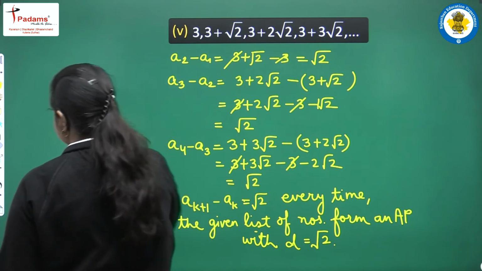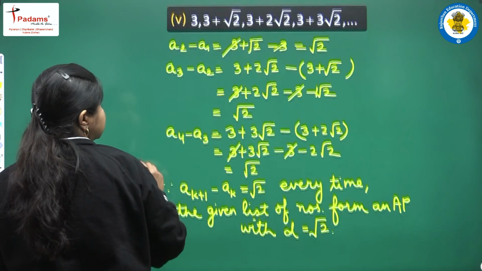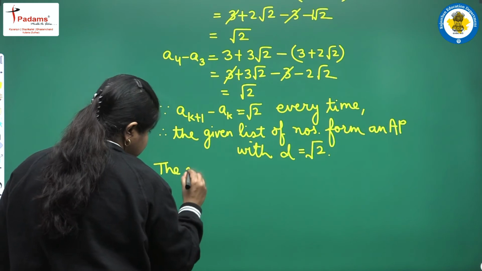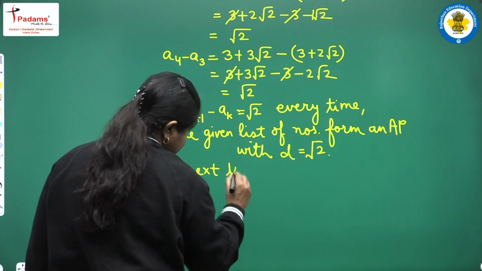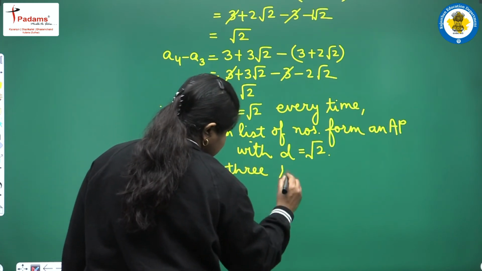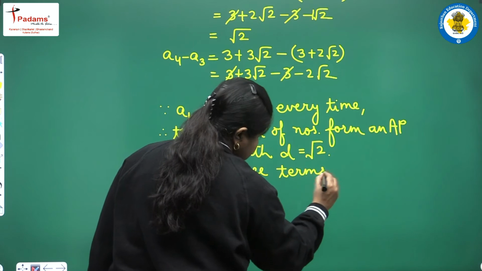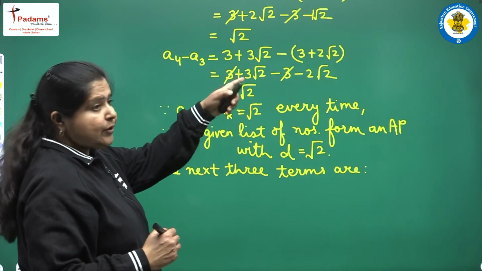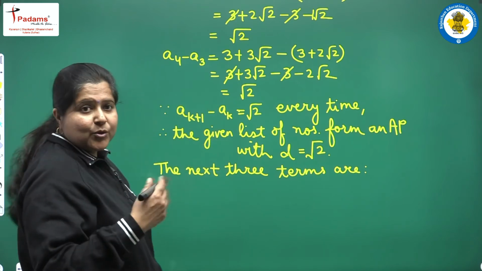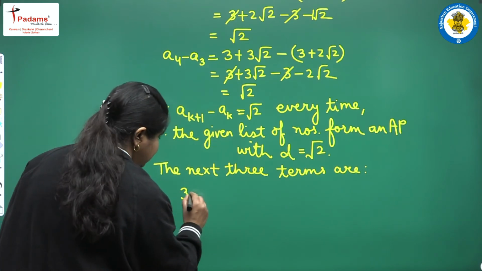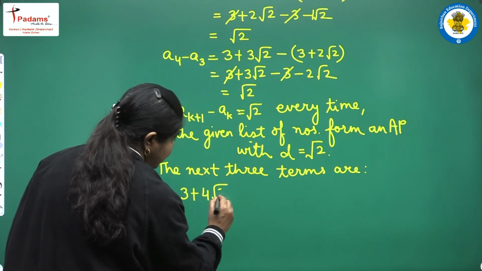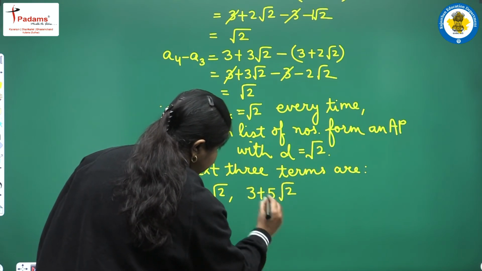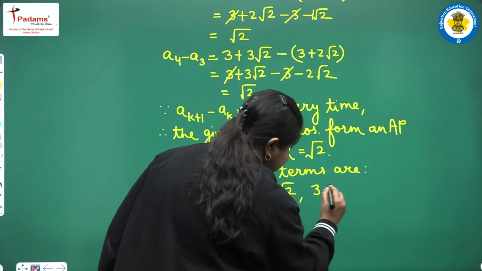And now we need to find the next three terms also. How to find those terms? The next three terms are, आप आराम से बता सकते हैं, देखिए 3 plus 3 root 2 है हमारी फोर्थ टर्म, तो इसके बाद क्या आना चाहिए, obviously we should get 3 plus 4 root 2, then we should get 3 plus 5 root 2, then the next term should be 3 plus 6 root 2.